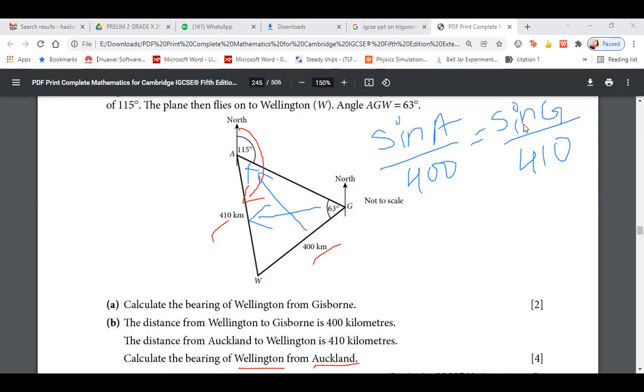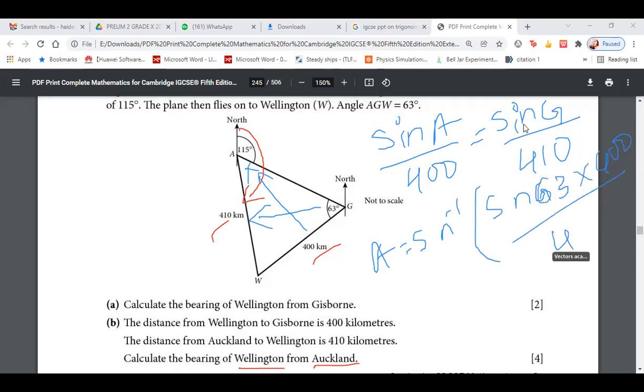So simply find out the value of sine A. A will be equal to sine inverse of sine G, where angle G is 63, so 63 into 400 upon 410. Simplify this and you'll get the answer.